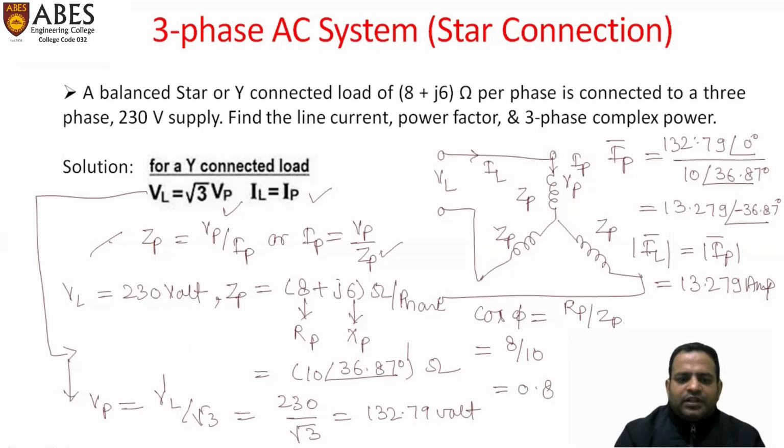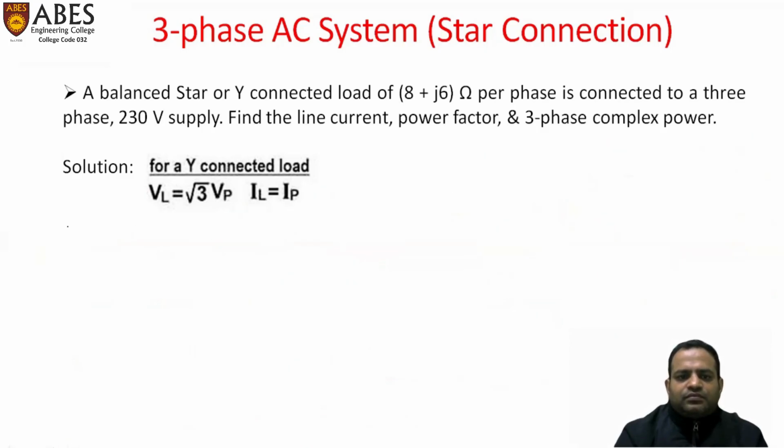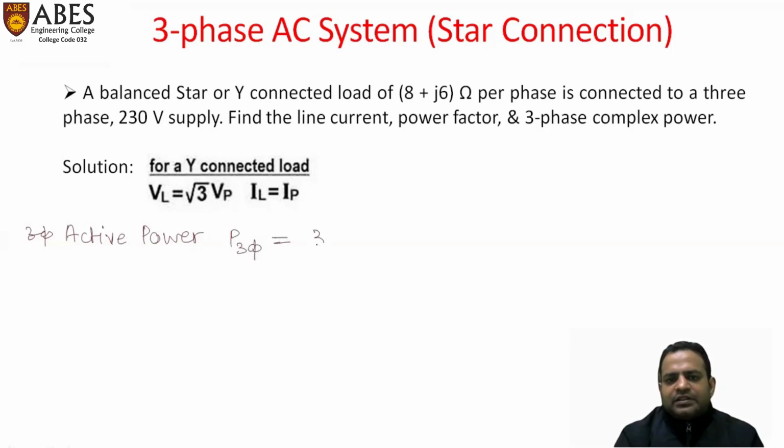Now we can talk about the power. For active power, three-phase active power, we can write the formula for P three-phase, that is thrice of Vp Ip cos phi. These Vp and Ip are in magnitude.